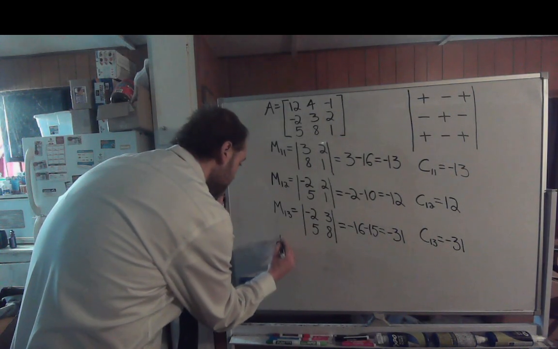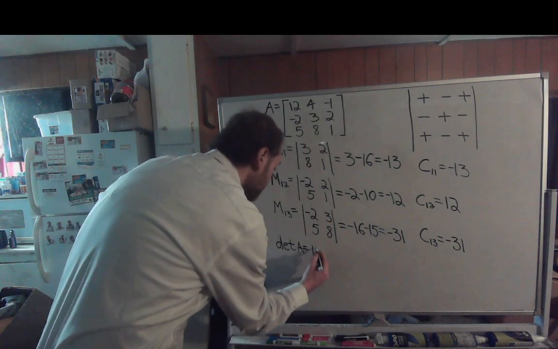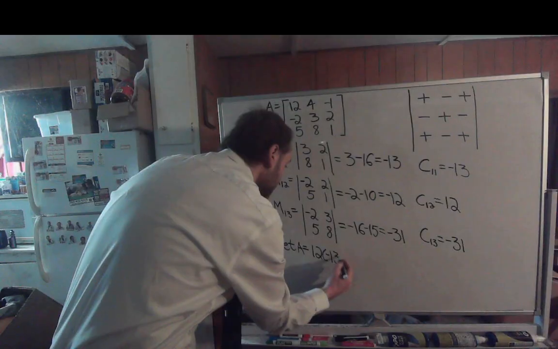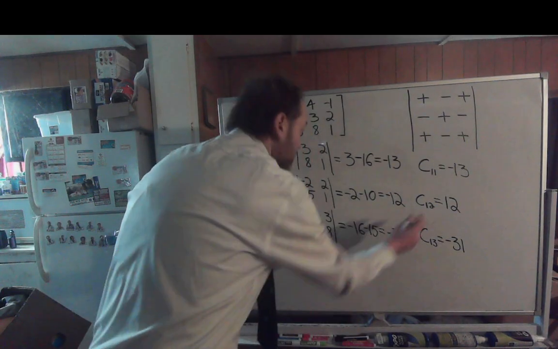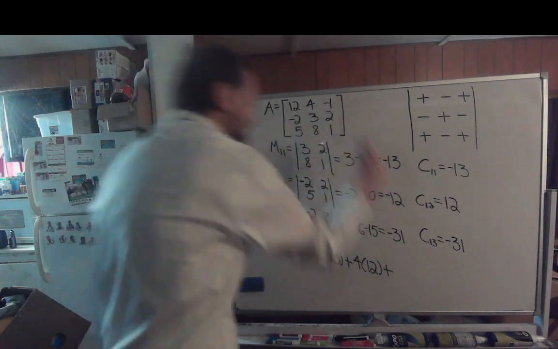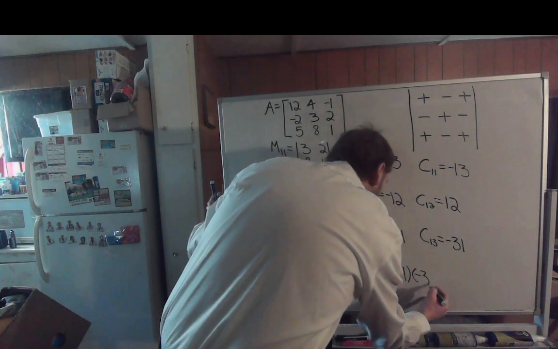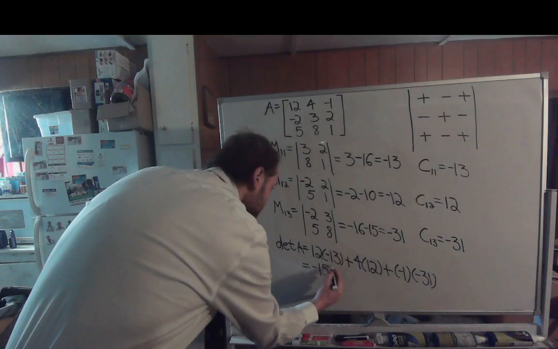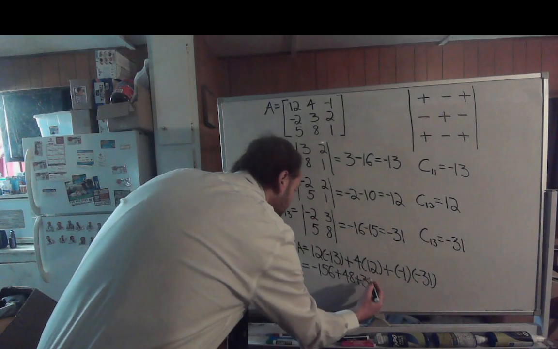So the determinant is going to be equal to that 12 times my cofactor 1, 1, which would be negative 13, plus that 4 times my cofactor 1, 2, which would be 12, plus that negative 1 times my cofactor 1, 3, which would be negative 31, which would be equal to negative 156 plus 48 plus 31.